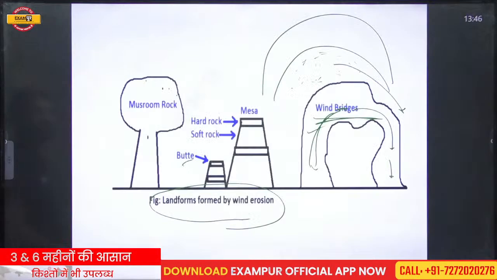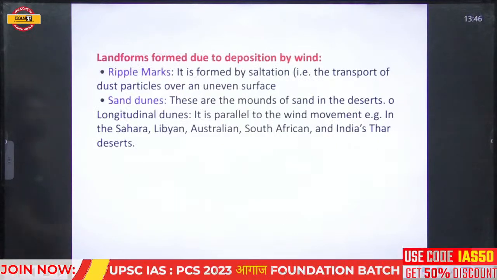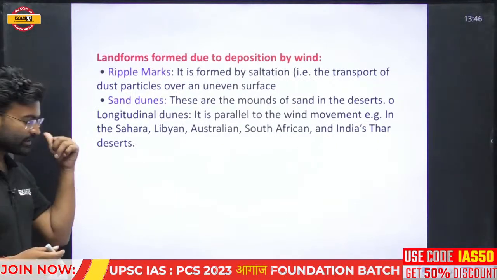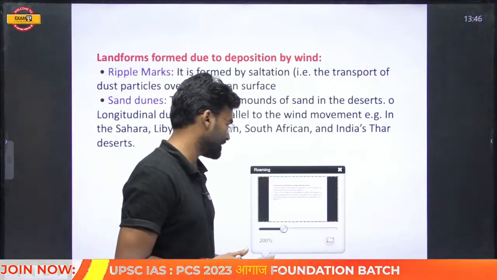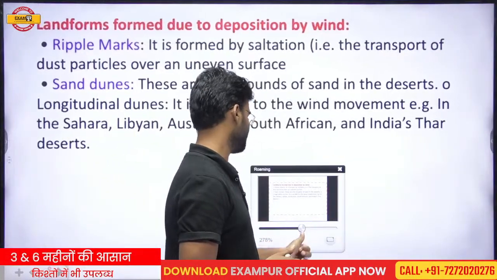So these are the structures developed by the erosional activities of the wind in the arid region.